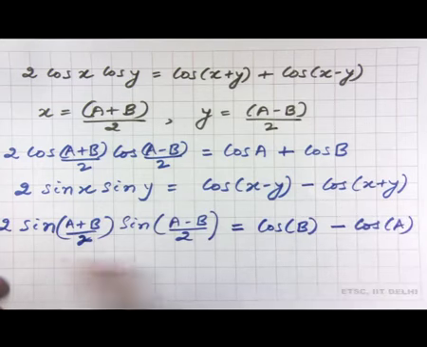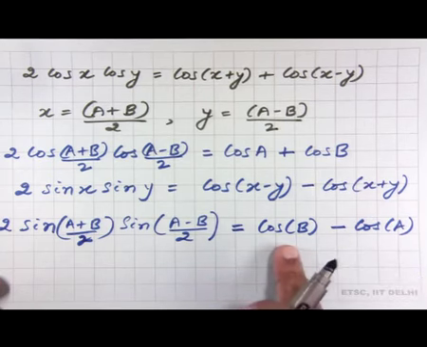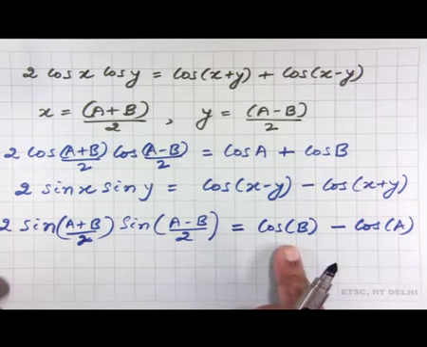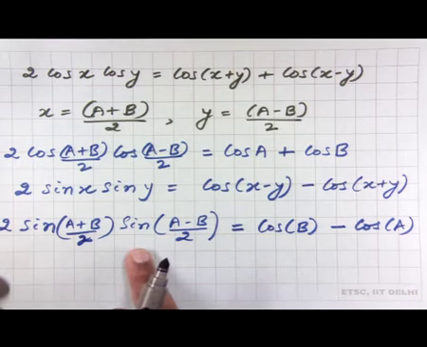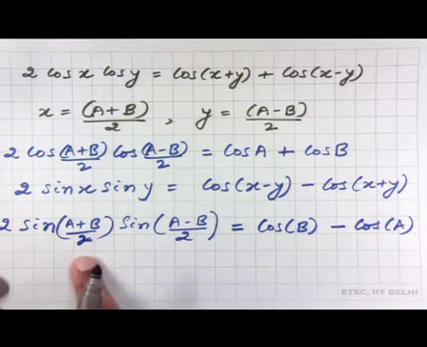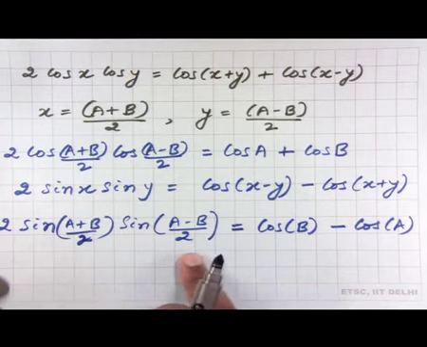So, this formula again gives you a way of expressing the difference of the cosines of two angles as a product of the sines of half of the sum and half of the difference of those two angles.